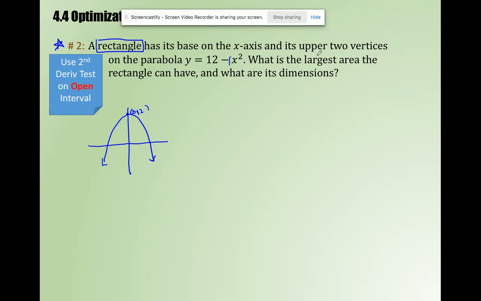What is the largest area of a rectangle? And what are its dimensions? So when I am done, I am going to answer an area question and a dimensions question.